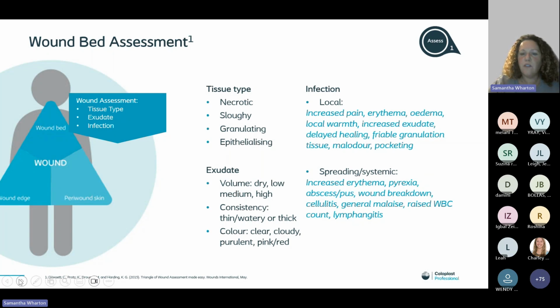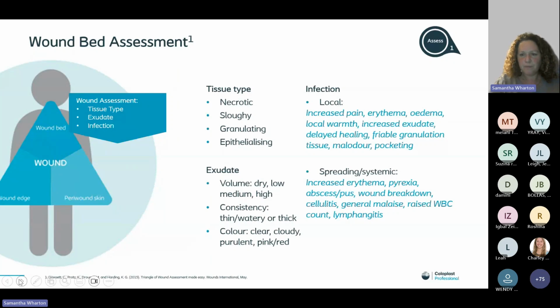So those local signs of infection, the increased pain, erythema, edema, local warmth, increased exudate, delayed healing, that friable granulation tissue where you literally start cleaning the area and the granulation just bleeds really, really easily. Healthy new granulation tissue shouldn't bleed easily when you're just cleaning an area.